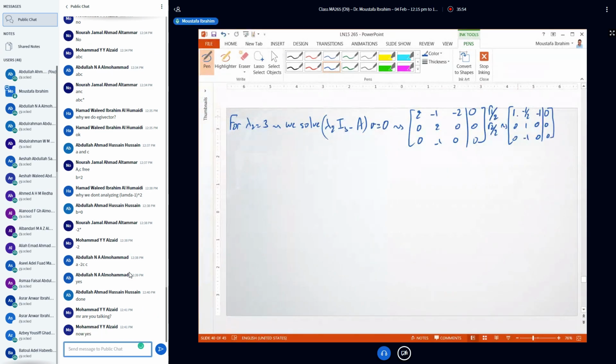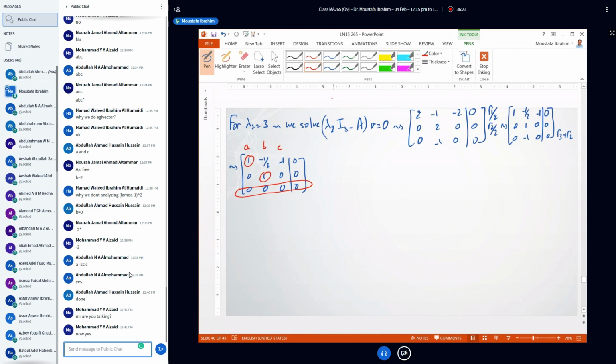Okay. So here I have leading 1. To cancel this one, R3 plus R2. So we get 1, negative half, negative 1; 0, 0, 1; 0, 0, 0, and all zeros. Now here we have ABC, leading 1, and here 0 equals 0.